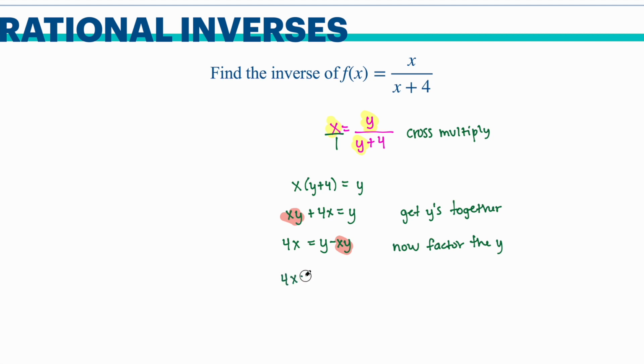So you'll get 4x. I can factor out a y, and I'll be left with 1 minus x because I factored the whole y out, so I had a placeholder of a 1. And now solve for y. So now that means I can divide. So I'll get 4x over 1 minus x, and that equals y.